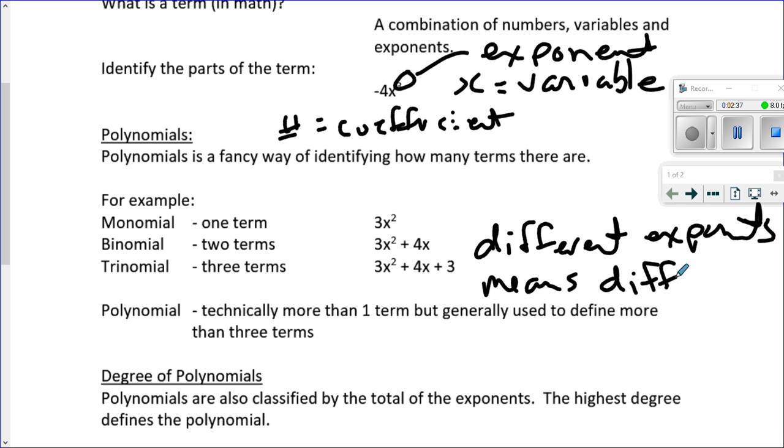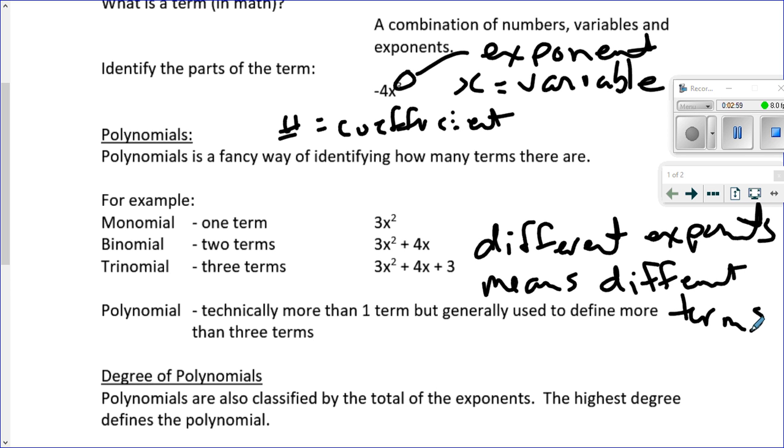Handwriting really isn't getting better. Trinomial means there's three terms. Now for us, we're going to be dealing with binomials quite a bit. Now it won't be x squared and x. For us, it's going to be x and a number.